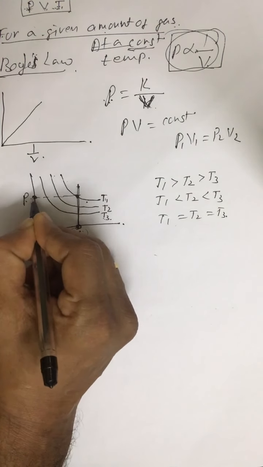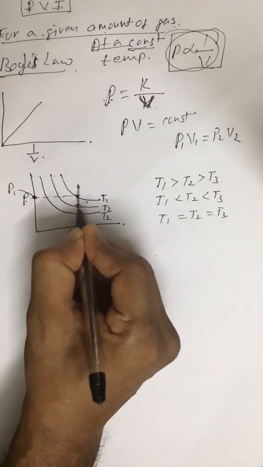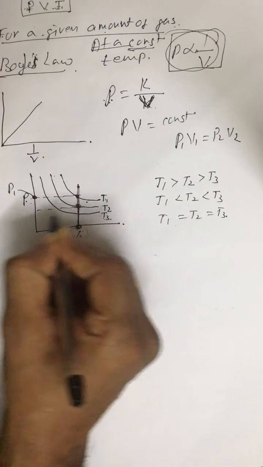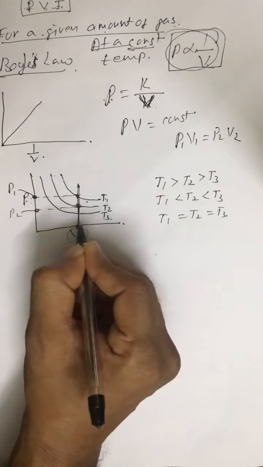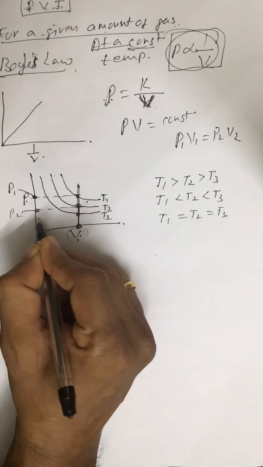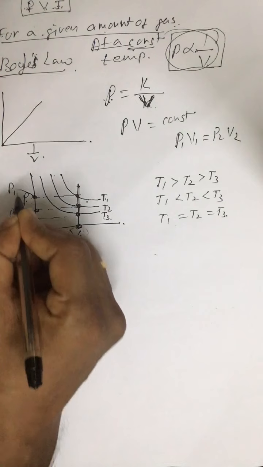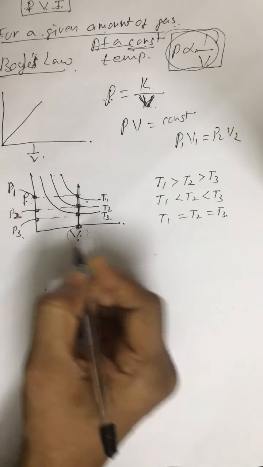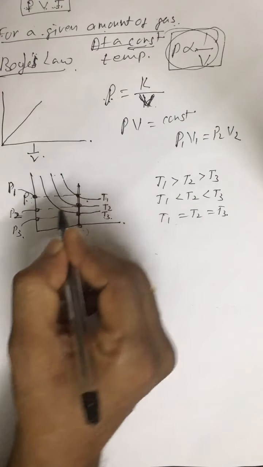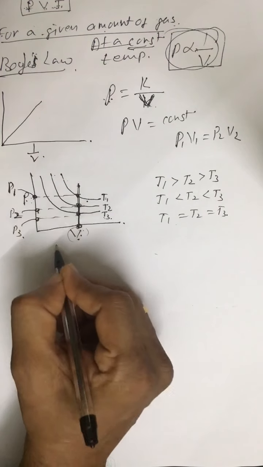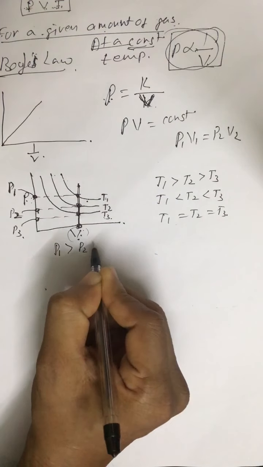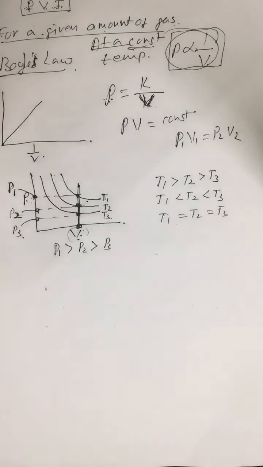This point indicates P1 pressure, this point indicates P2 pressure, and this point indicates P3 pressure. From the graph you can say P1 is greater than P2 is greater than P3.